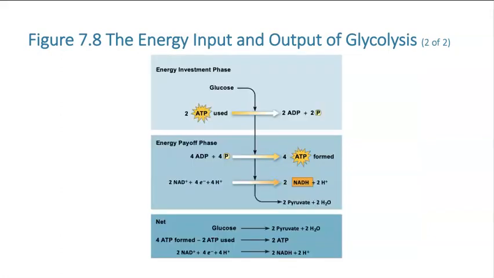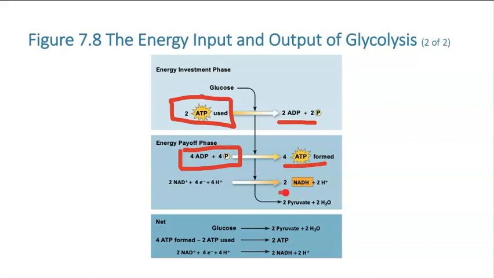I just told you that there are 2 phases, the energy investment phase and the energy payoff phase. And I mentioned how much ATP is going to be important in each one. In the energy investment phase, we are going to use up 2 ATP, and we'll have ADP and inorganic phosphate as byproducts. In the energy payoff phase, we're going to have 4 ADP and phosphates joined together to make ATP.